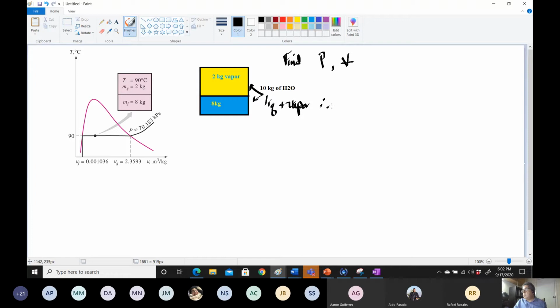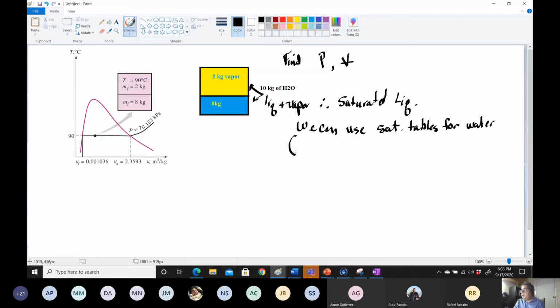Therefore, this is a saturated liquid-vapor mixture. That means we can now use saturation tables for water to solve this problem. In the back of the book, the tables are A4 and A5.